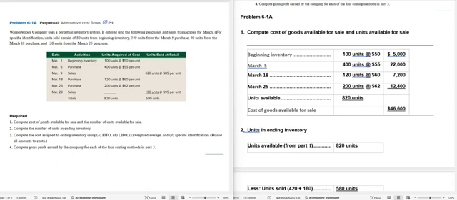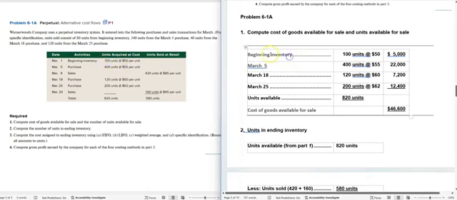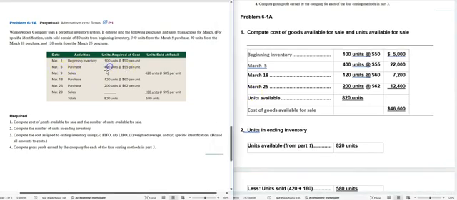Okay. So taking a look at our information, they started the year with 100 units at $50 a piece. So this is the inventory they had available to sell at the beginning of the month. Then during the month of March, they made several purchases. On the 5th they purchased, on the 18th they purchased, and on the 25th, and what they paid for each of those units when they purchased.